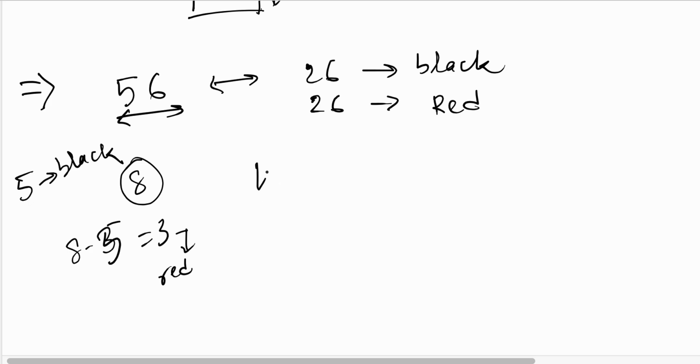That means the number of ways we can take this will be 26C5 times, because at first we have taken the 5 black cards, then I have to choose the 3 red cards.